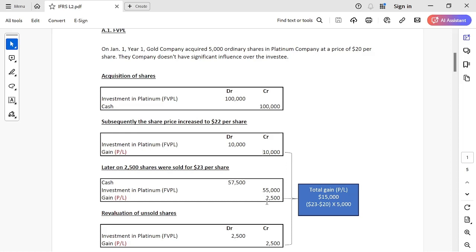So we have an additional gain of 2,500, which again goes to profit or loss. Here we can see this is a realized gain, an actual gain and not just a holding gain, as we already sold the shares. However, this doesn't make any difference. It still goes to profit or loss. So realized gains and unrealized gains, whether due to sale or holding of the asset, still go to profit or loss directly.